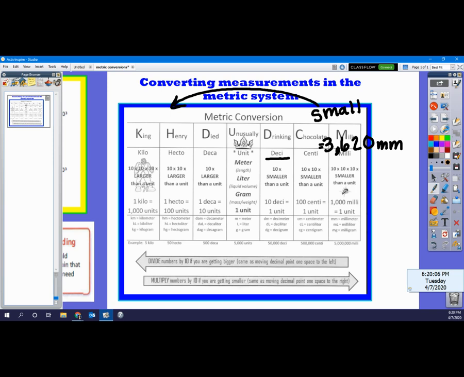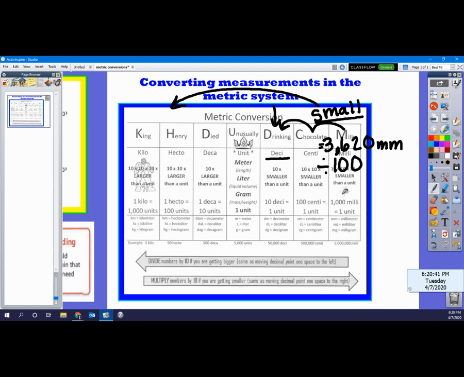I know I'm starting with a small measurement, and I'm moving to the left. I'm moving to decimeters. Now I look and I see how many shifts that is. I'm jumping over the centimeters and landing on the decimeters. So that's 2 shifts. So I'm going to be dividing by 100. So 3,620 divided by 100.